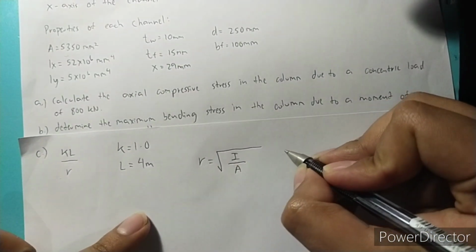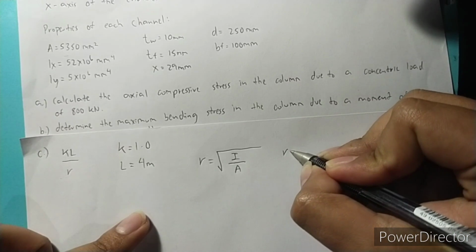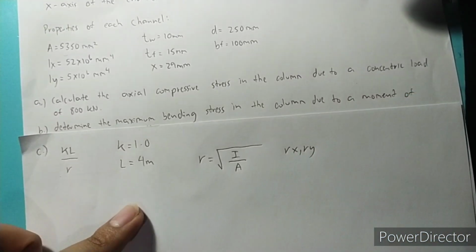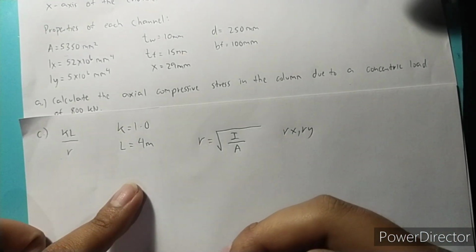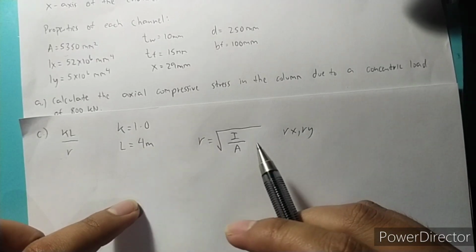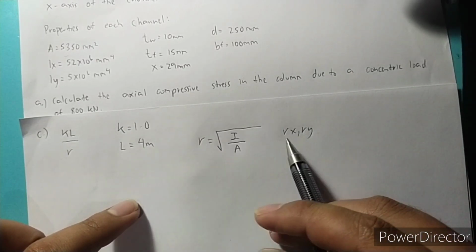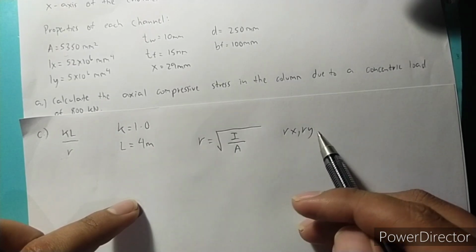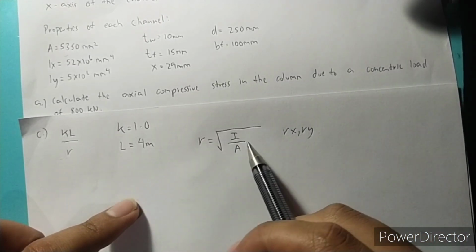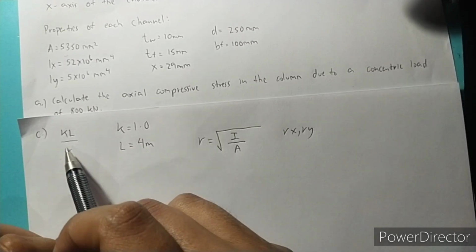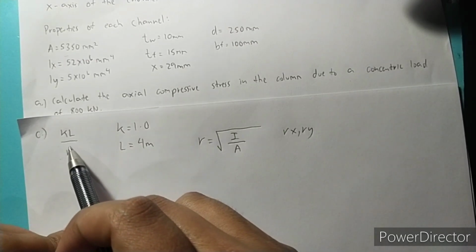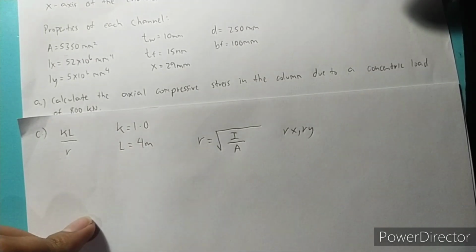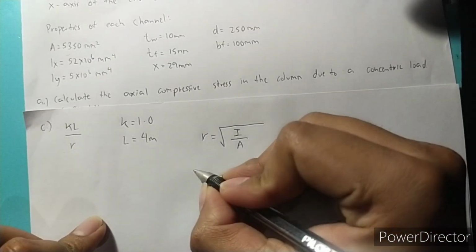So, si r, meron siyang rx and ry. So, paano natin malalaman yung critical slenderness ratio nila? Saan natin mahahanap kung alin ang mas malaki, rx or ry? So, hanapin natin sila gamit si slenderness ratio, KL over r. So, unahin muna lang si rx.